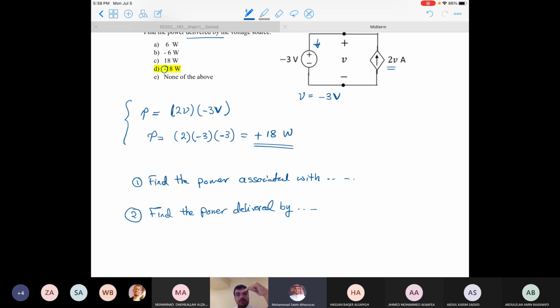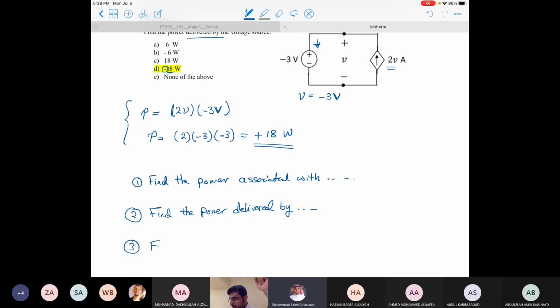So you need to tell me two things: the value, and that my assumption is incorrect. The value is clear here, 18, for example. Telling me my assumption is incorrect is within this negative sign.